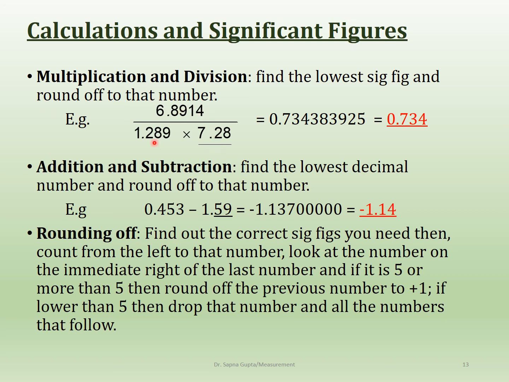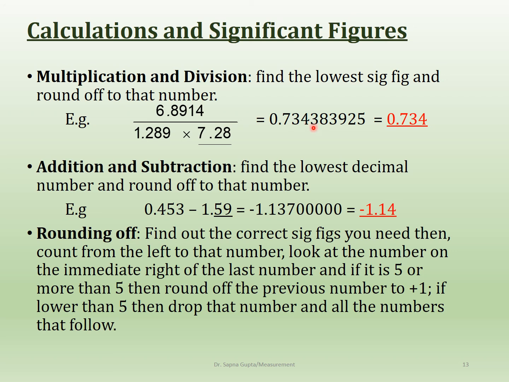So if you have these 3, you need to figure out first which one is your lowest significant figure. Right here, 7.28 is your lowest, with 3 significant figures, and that is how you're going to round it off. Once you do the calculation, and this is what your calculator gives you, then you should round off to 3 significant figures. Regarding the rounding off, I've given you some explanation over here, but this is how you would do it. If you have to round off to 3 significant figures, you start from the left: 1, 2, 3. You look at this, and then you look at the next digit.